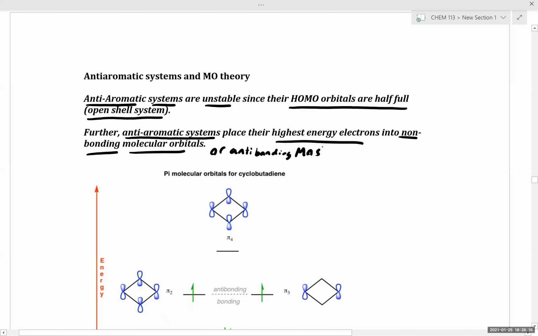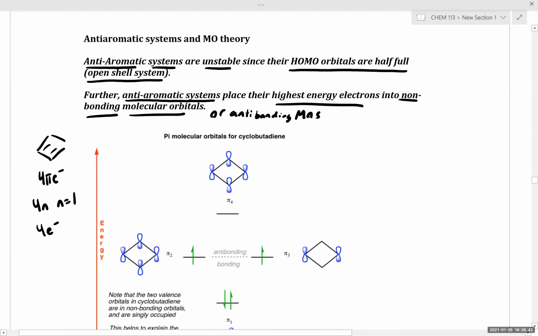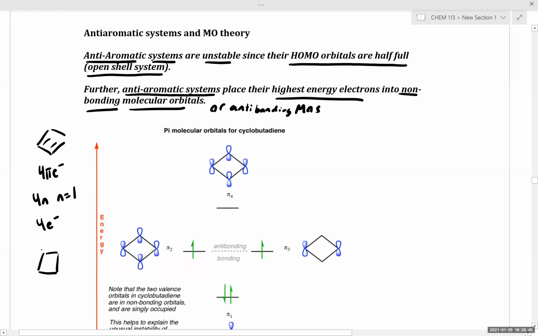Now, if we look at, for example, in this case, we're looking at cyclobutadiene. As you notice, we have 4 pi electrons, so 4n, n equals 1, 4 electrons. So this is an anti-aromatic system. We have a total of 4 p orbitals to work with. And we're going to take those p orbitals and use those p orbitals to generate molecular orbitals.